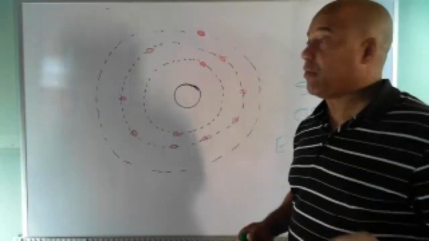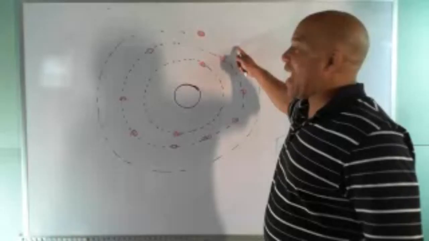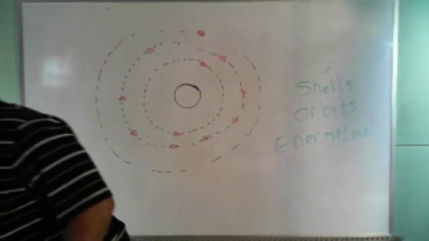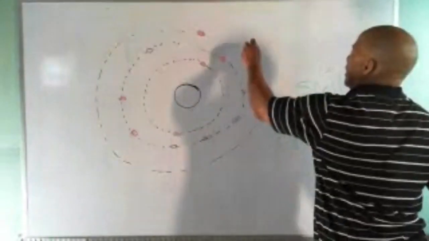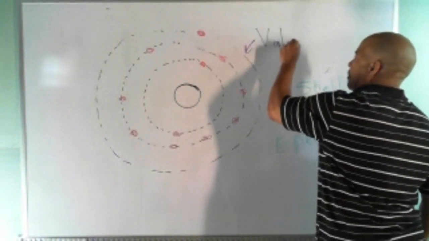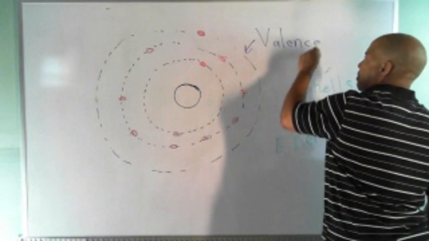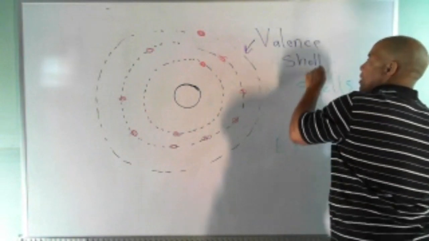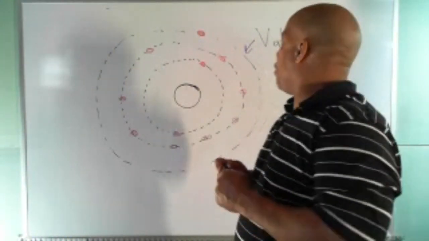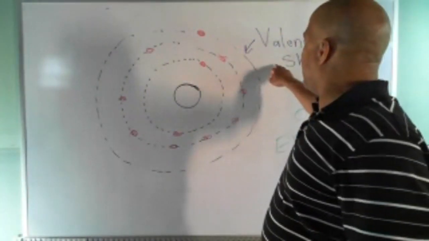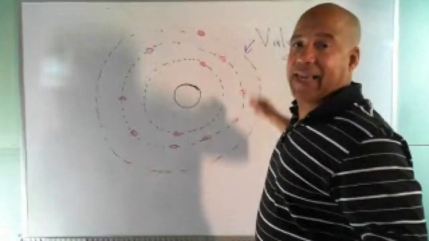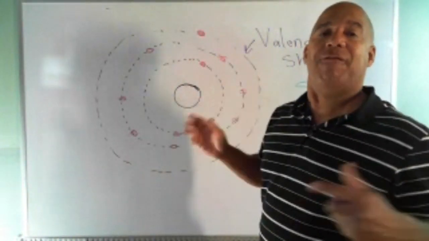But what does matter is the last orbit or shell. That last one on any atom is important because it's called the valence shell, and the electrons in that valence shell are called valence electrons.